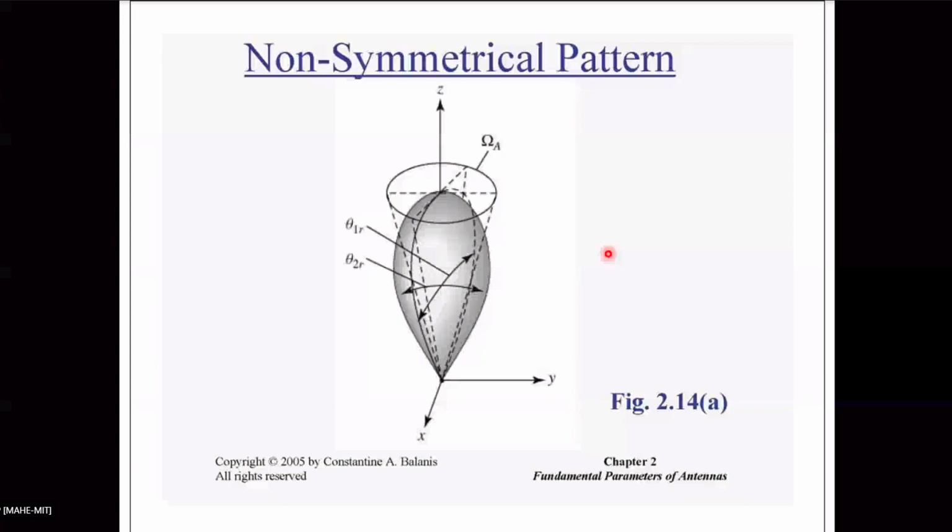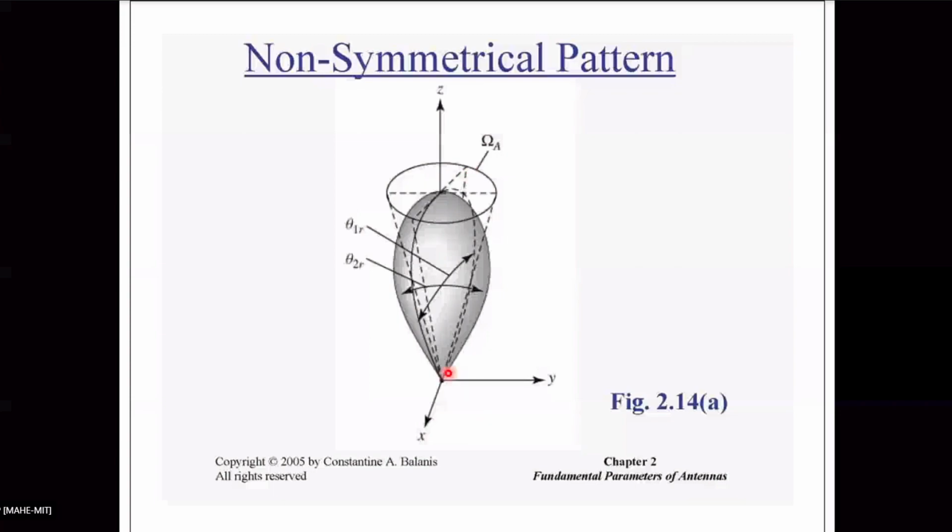Yes, sir. Now, how do we find theta 1r and theta 2r? They are the half power beamwidths in two mutually perpendicular planes. Both are vertical planes, and these two planes should be perpendicular to each other.